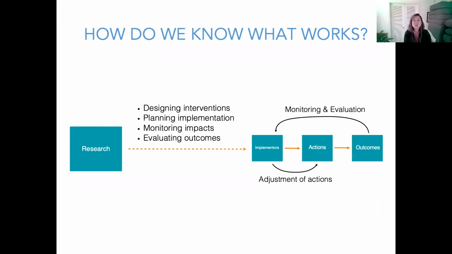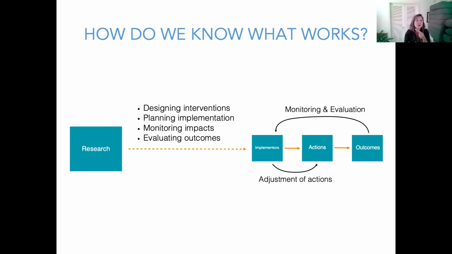So for conservation practice to really be effective, our actions need to be supported by the best available evidence. And this includes information on what does work, what does not work, under what conditions does it work, and for whom it works. And so this is really critical as we try and achieve these co-benefits for nature and for people, that we consider any trade-offs.